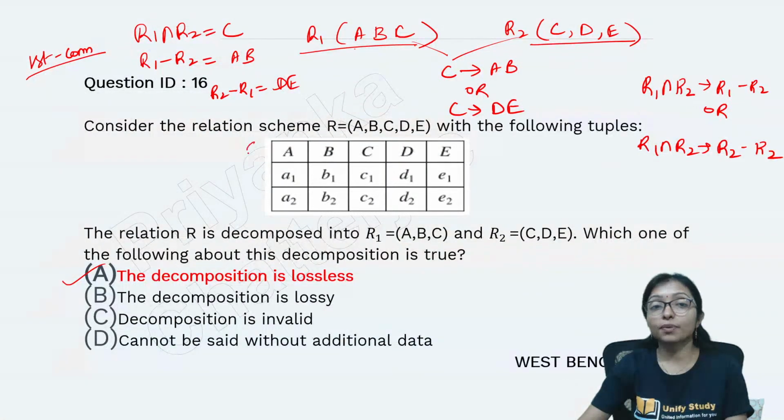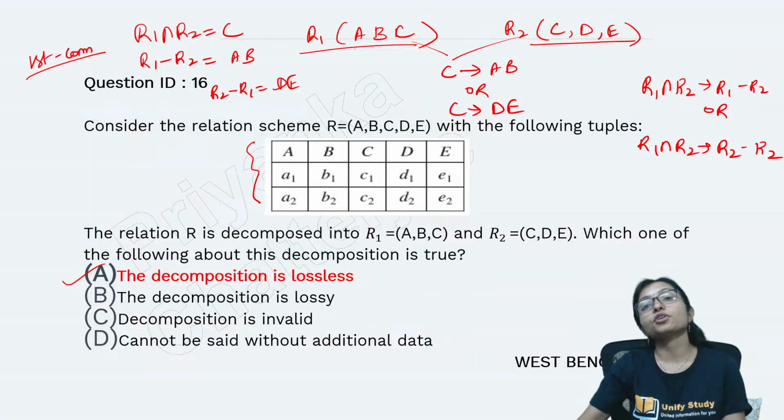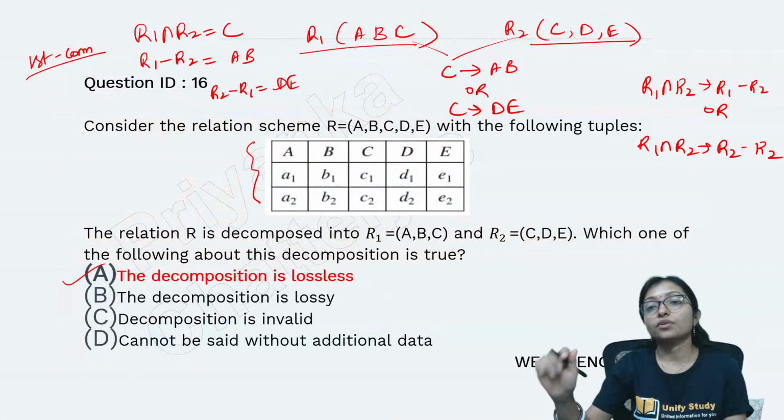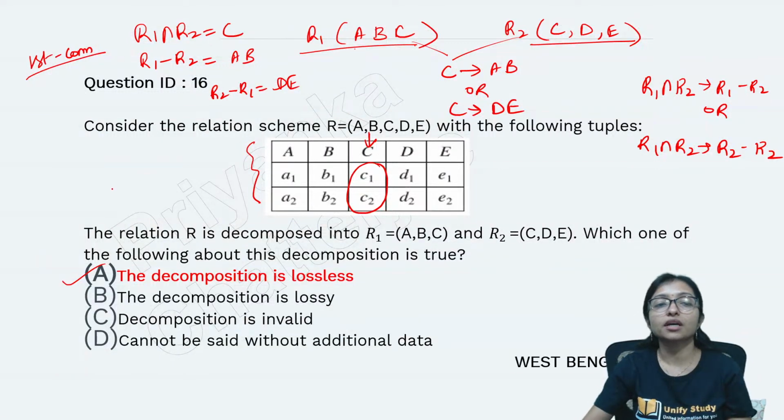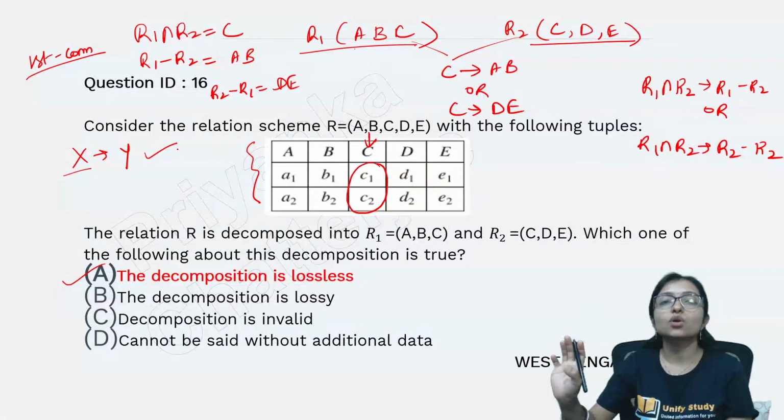Now here the dependency is not given, ma'am. How to identify? From the table you have to identify whether this dependency is coming or not. This is C, and there is no duplicate. When there is no duplicate, then no need to check. When X implies Y, if in X there is no duplicate, then it will always hold.